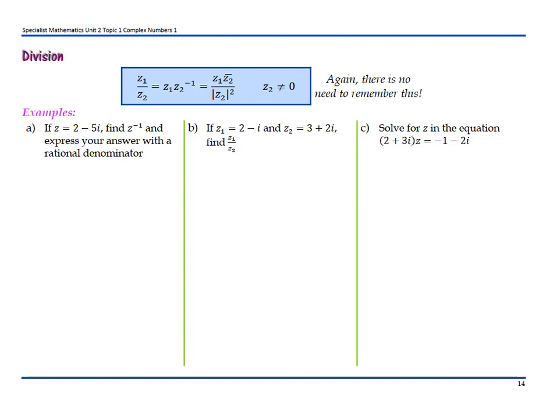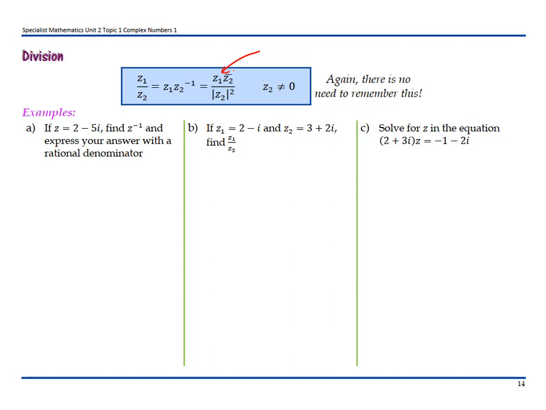Again, yes, we could remember this rule, but I personally wouldn't. There's no need to try and memorize these things. It doesn't take that long to work them out. So I'm going to answer these without using the rules. I'm going to do them the long way.